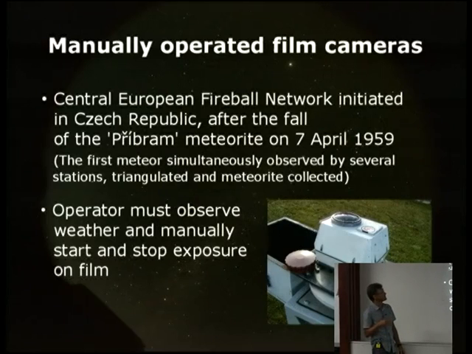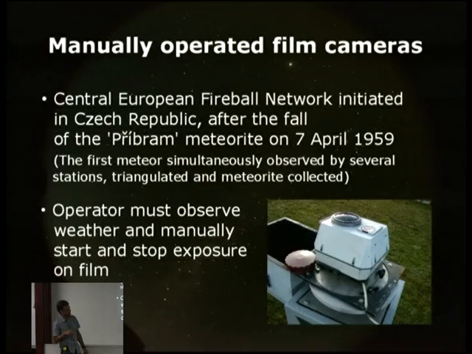These manually operated cameras were run for probably more than 40 years in the Central European fireball network. This is the latest type or model of manual camera with some processors.